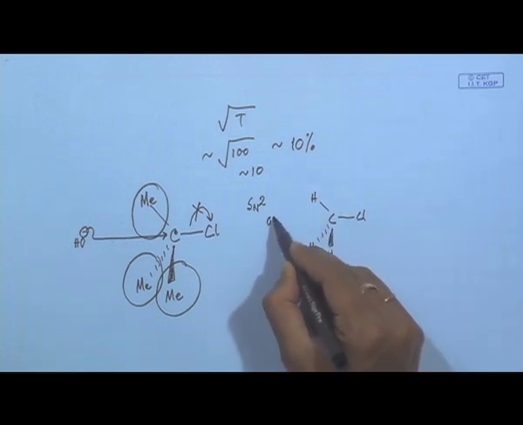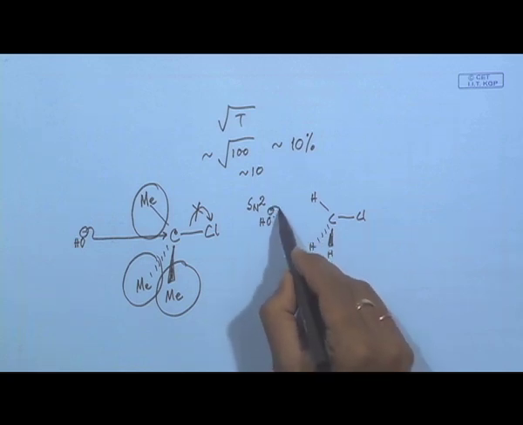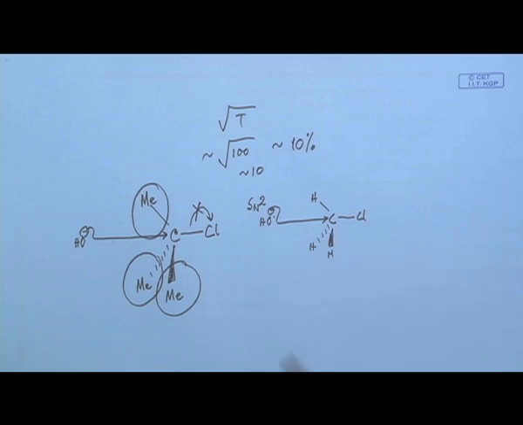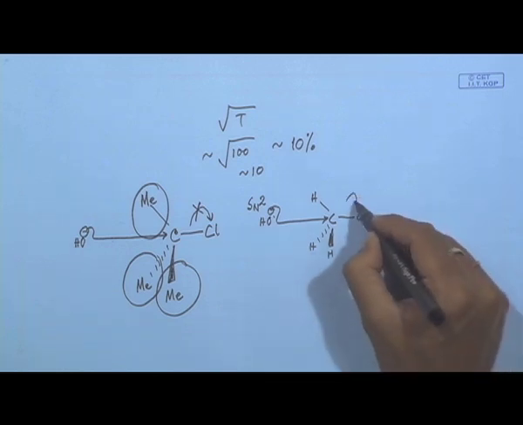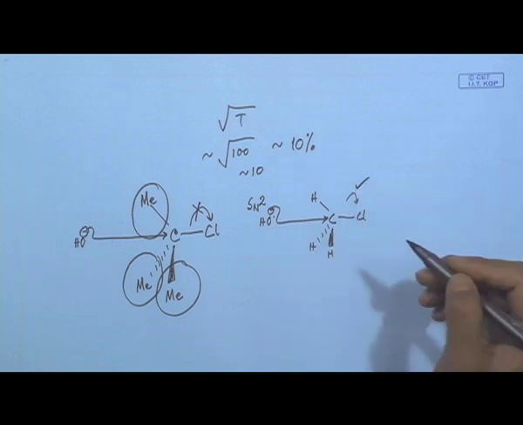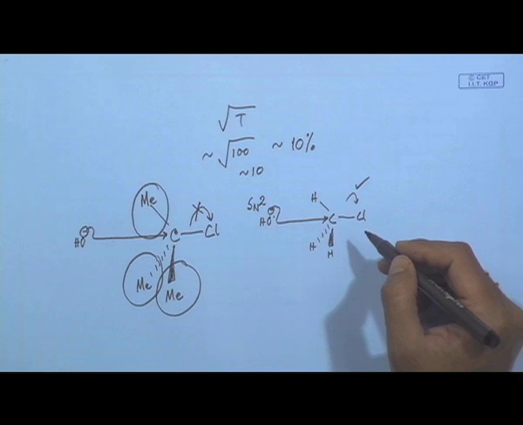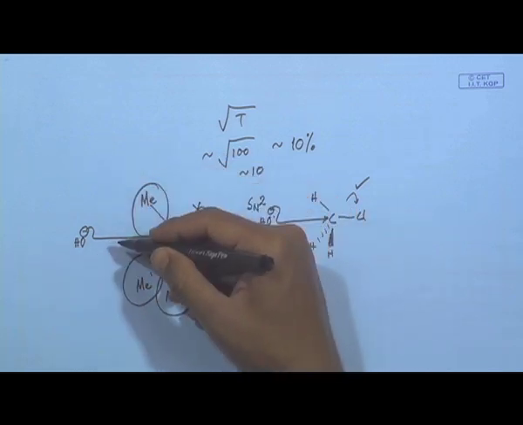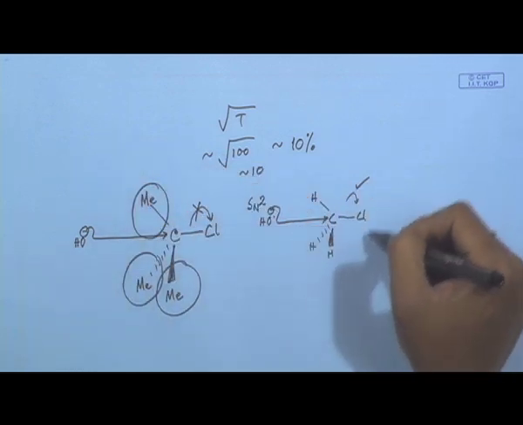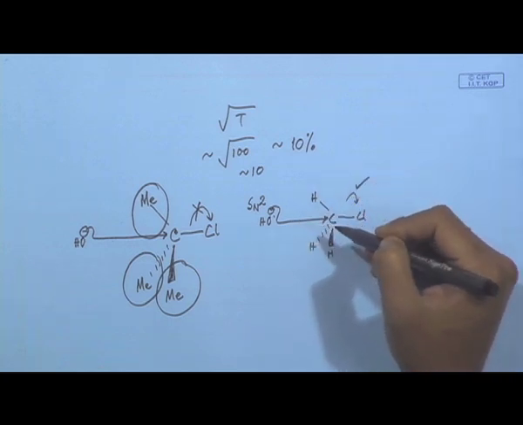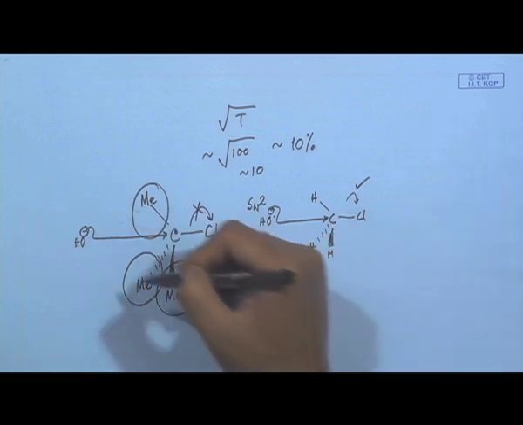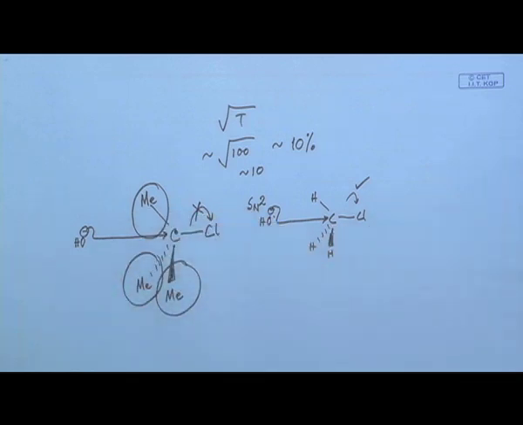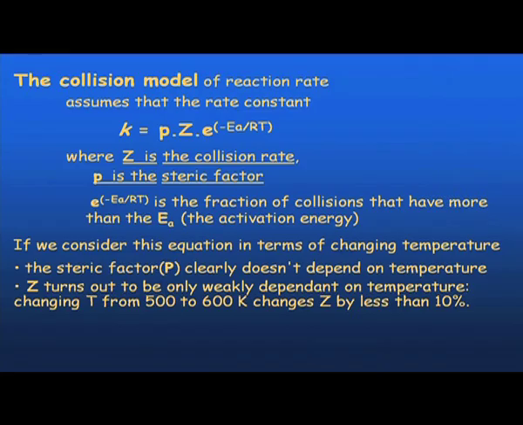The OH will easily attack your carbon from the backside, and this displacement will take place, thereby producing the requisite alcohol by this mechanism. The backside attack is not possible for the first case, but it is possible for this case. So, the proper orientation factor and the steric factor play a very important role in determining whether some reaction will take place with ease or not.